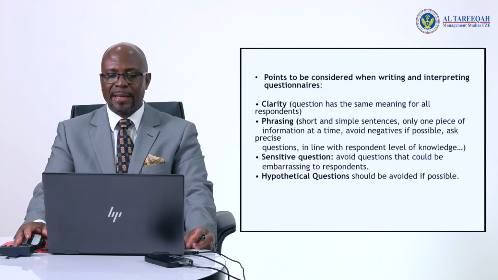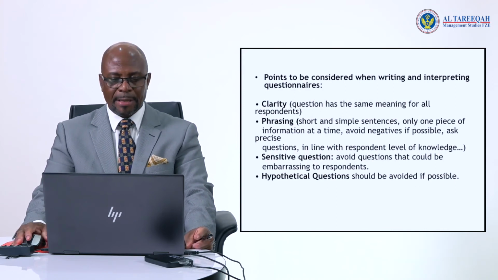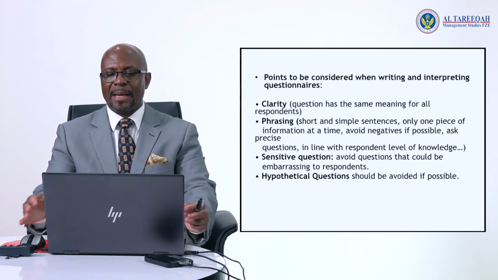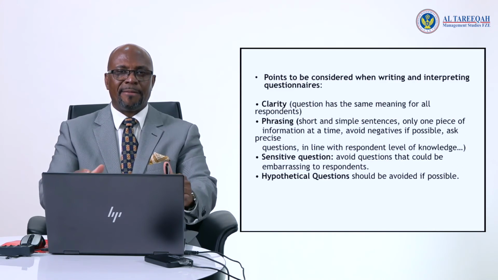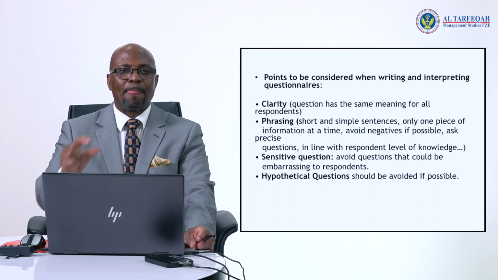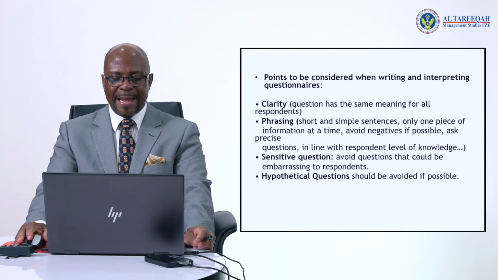So in writing the survey questionnaire, you should have these points in mind. Clarity: a question has the same meaning for all respondents. That means every respondent in your research study should get the same questionnaire, and it should be clear.